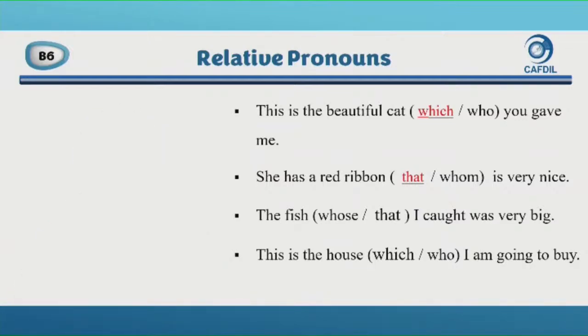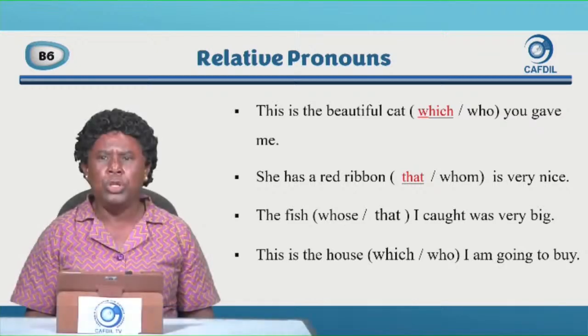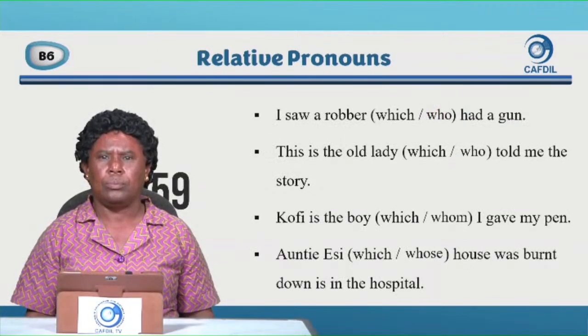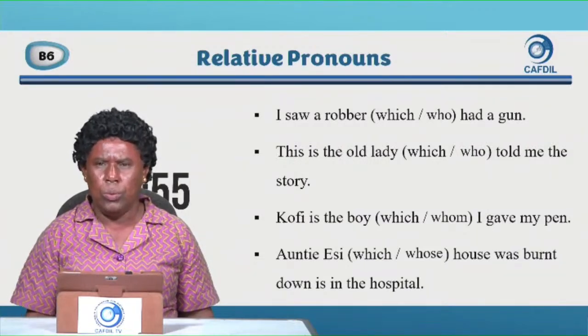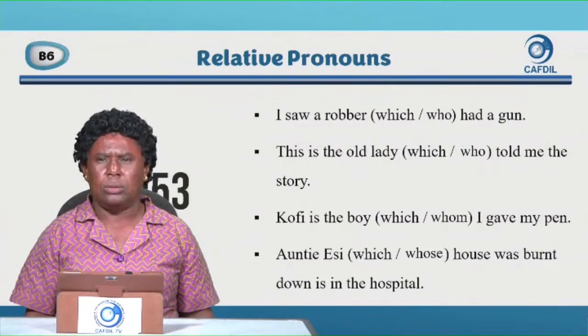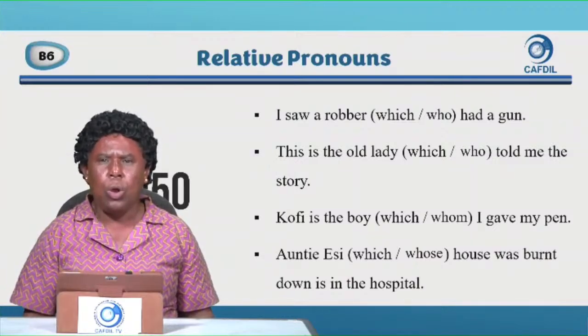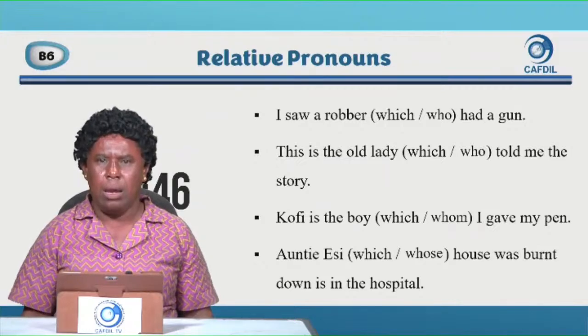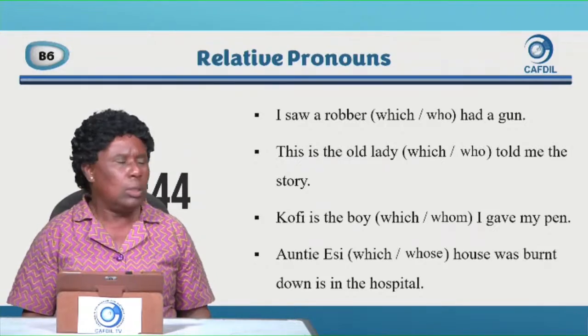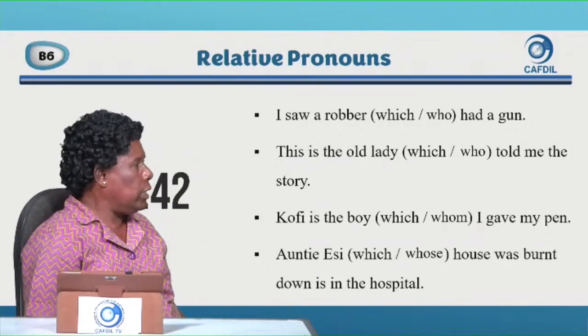This is the house. In the bracket we have which, who I'm going to buy. I saw a robber. In the bracket we have which, who had a gun. This is the old lady.